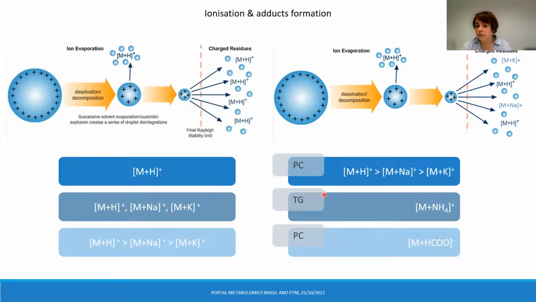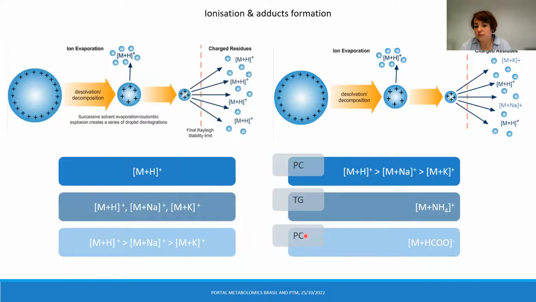In terms of triglycerides, if we add ammonia to the mobile phase, they will be very nicely detected with ammonium adduct, but they never form, never, this signal [M+H] protonated, it's that little that we can even say that they rather do not form this ion.